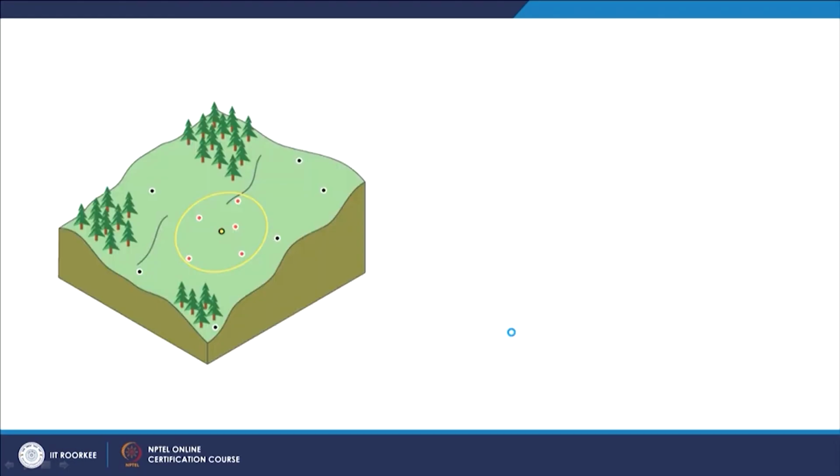Now, for example, take this schematic which shows a terrain and some input points, and also a search radius in the form of a circle. For the unknown point in the center, among these small red points, the point which is very close will have the maximum influence while determining the value, and a point which is very far, like this one, will have less influence.